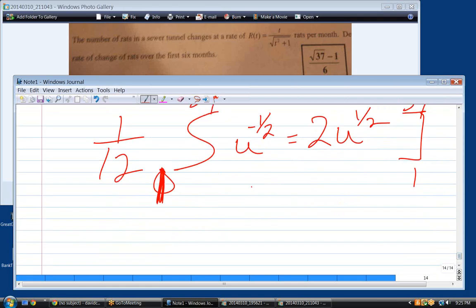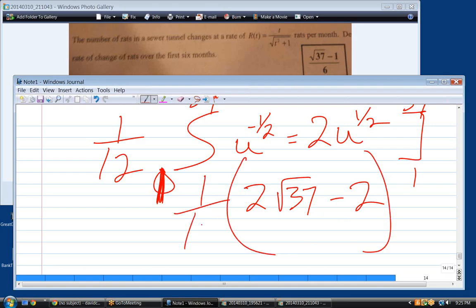That is 2 root 37 minus 2, all multiplied by this 1/12. That's the answer. These 2's cancel with the 12 to give me a 6 in the denominator.